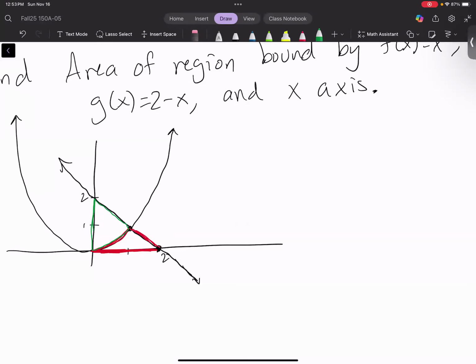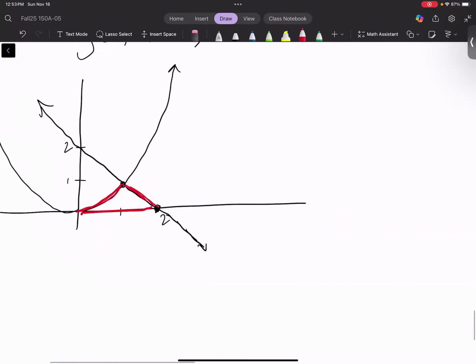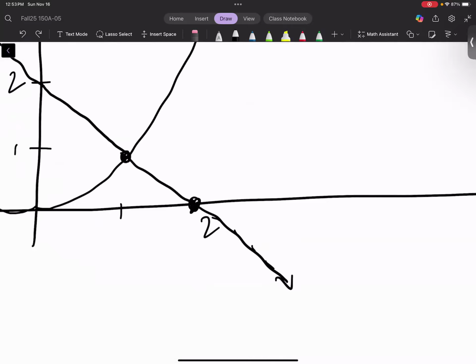That does have 2 minus x as a side and x squared as a side, but it has the y-axis as the other side, not the x-axis, okay? So you just want to be super careful. It's the only region bound by all the functions specified. Now that we have this, we need to look for top and bottom functions. Okay, so what I would recommend doing is at least visualizing, but you can draw rectangles if you want, or lines. So we're starting over here.